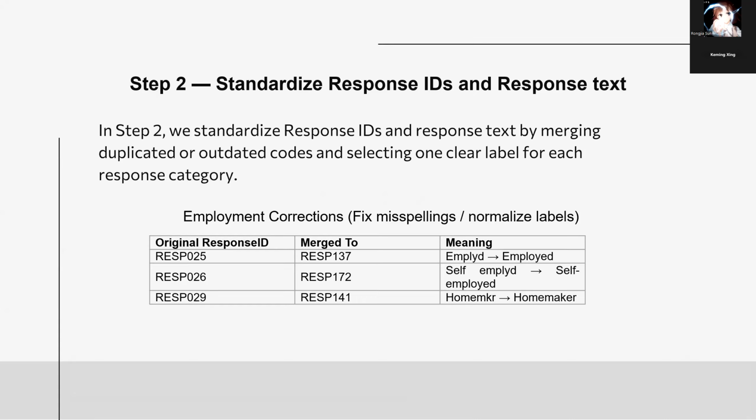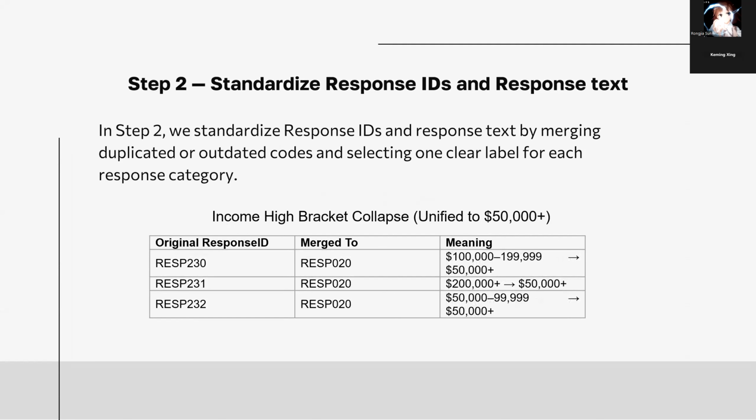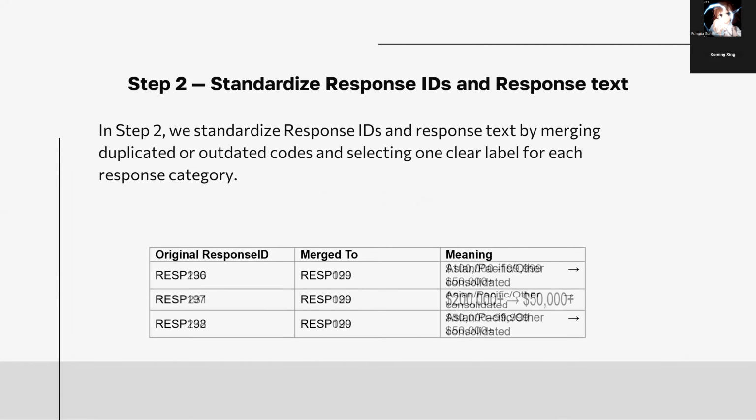The formula is some example that we have cleaned in our dataset like this. We use the original response ID RESP025 to merge to RESP137. They all mean employed. There are many examples of these merged response IDs. I will list the formula here. You can see.